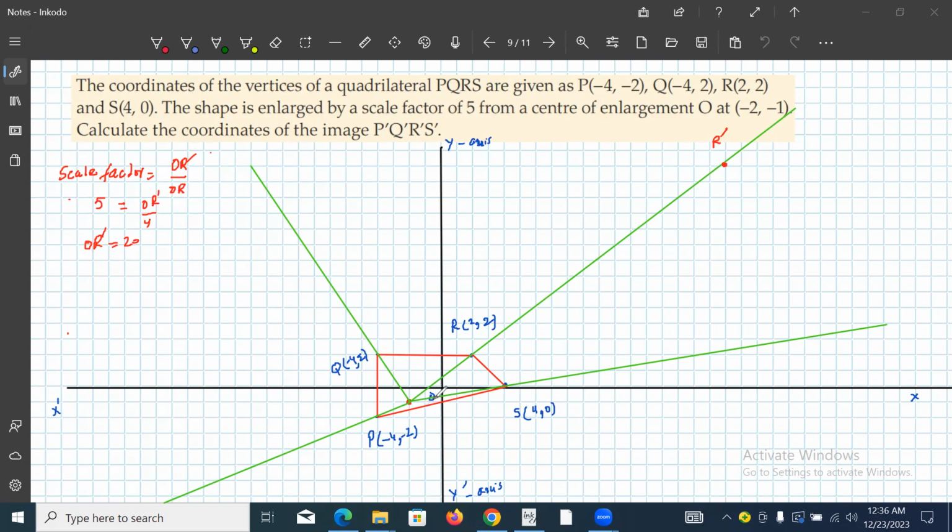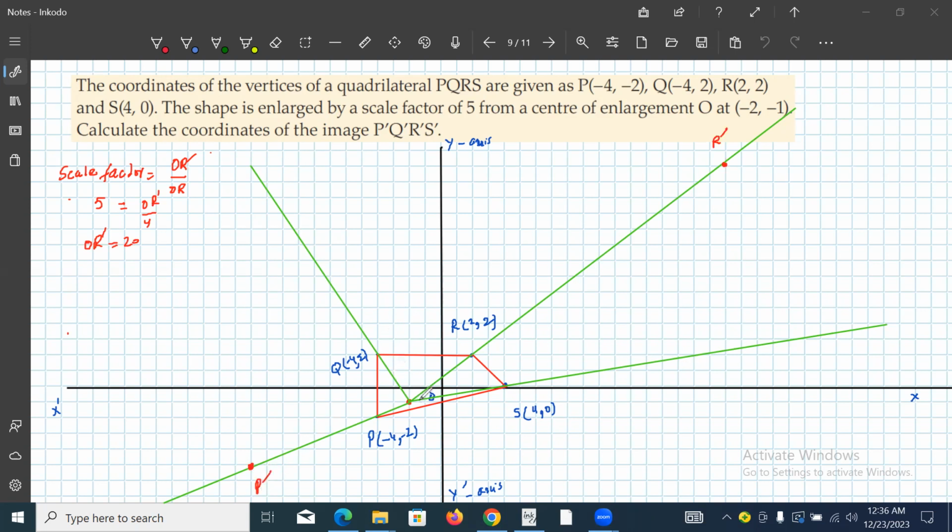We check one more, an easy one. For example, O to P we have two boxes. So 2 multiplied by 5 is 10. So 3, 4, 5, 6, 7, 8, 9, 10. This is the point where we can say it's P dash.